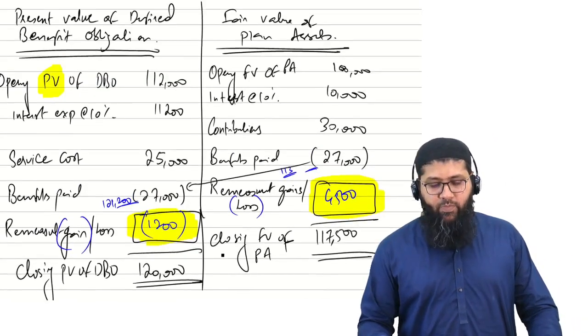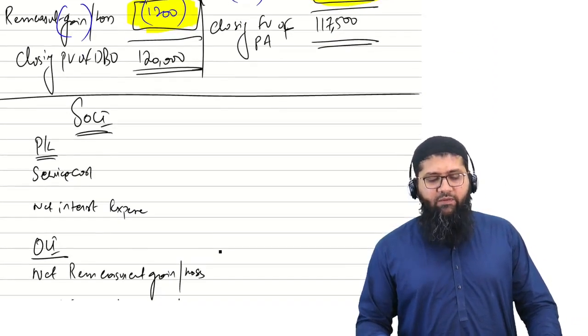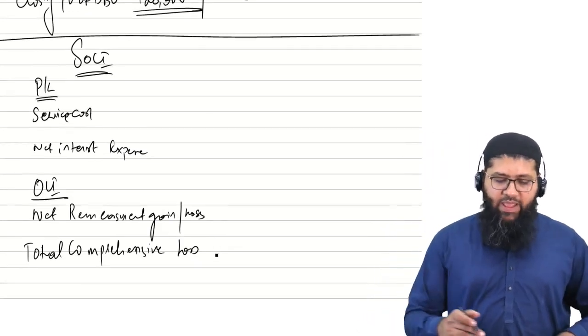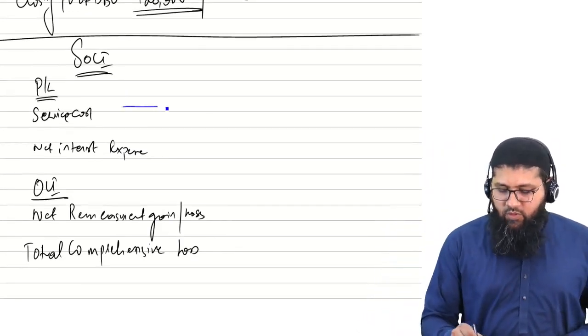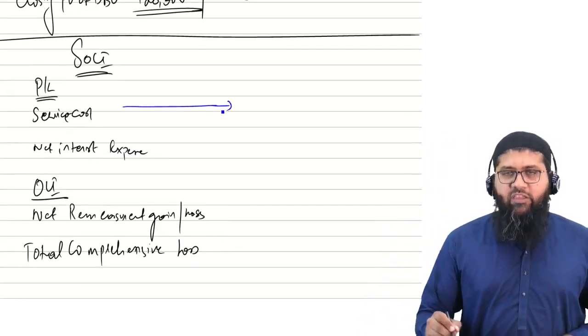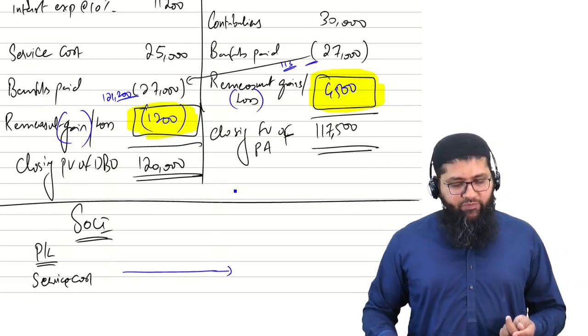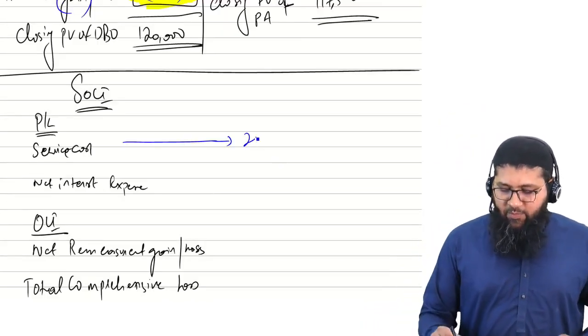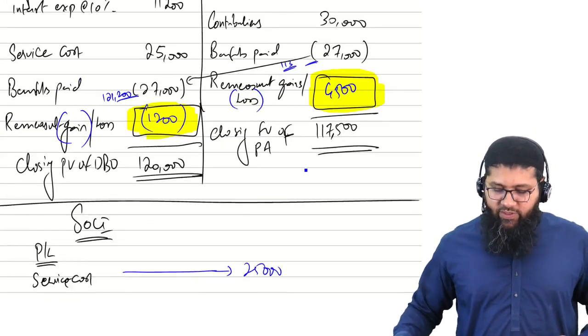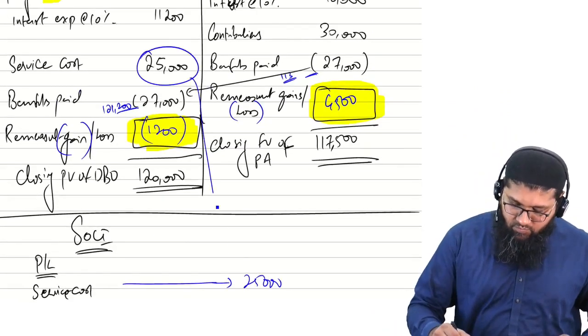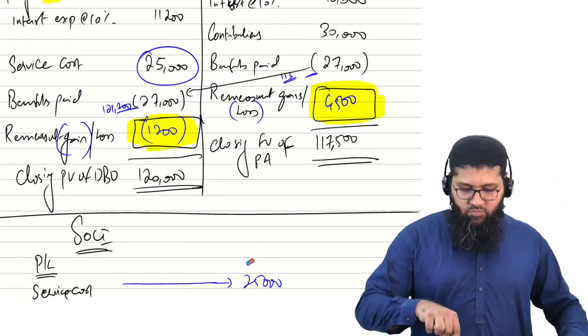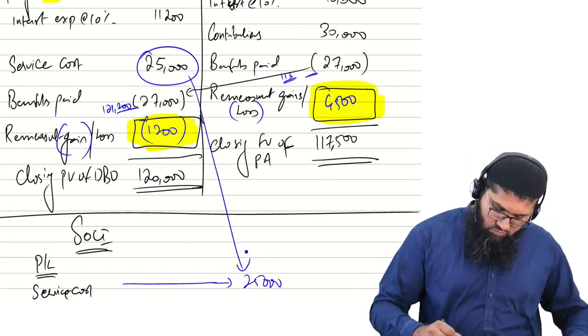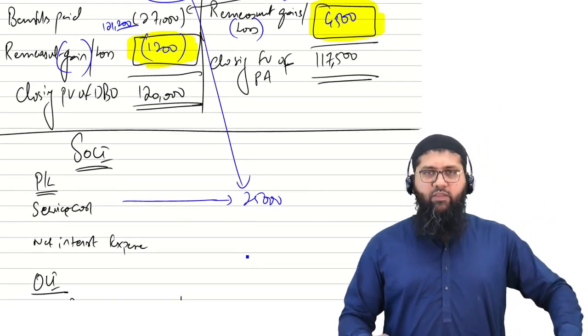Try to understand. First thing is, whatever the service cost is, that has to be recognized as an expense. So I'm just writing down the expense as a positive. So if I am saying 25,000, this is what it is.